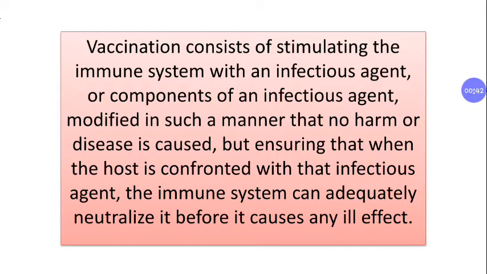It helps your immune system recognize and destroy the living microbe during a future infection. Therefore, vaccination is the administration of vaccine to help the immune system develop protection from disease.